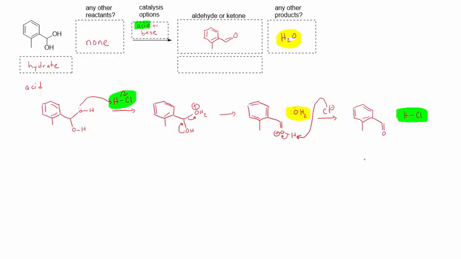If we run this reaction in the reverse direction, we'll start from the aldehyde. The strong acid can protonate the aldehyde carbonyl.